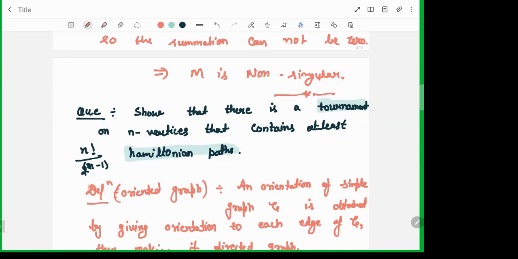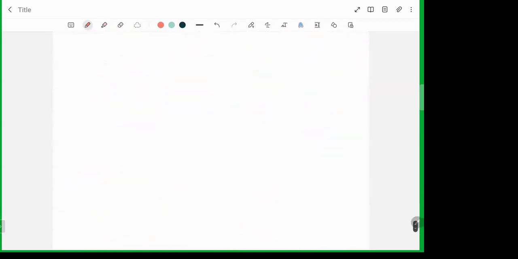So we have n vertices, and we have to show that there is a complete oriented graph on n vertices that contains at least n factorial by 2 to the power n minus 1 Hamiltonian paths. This is what we need to prove.